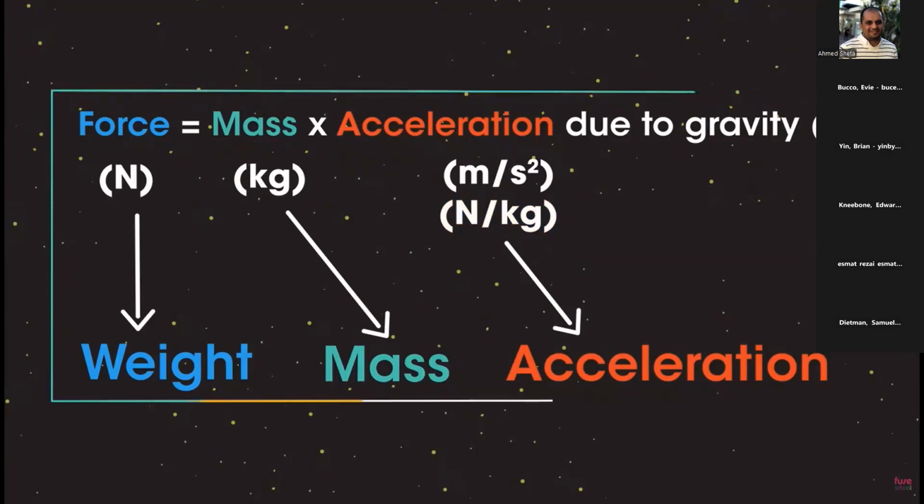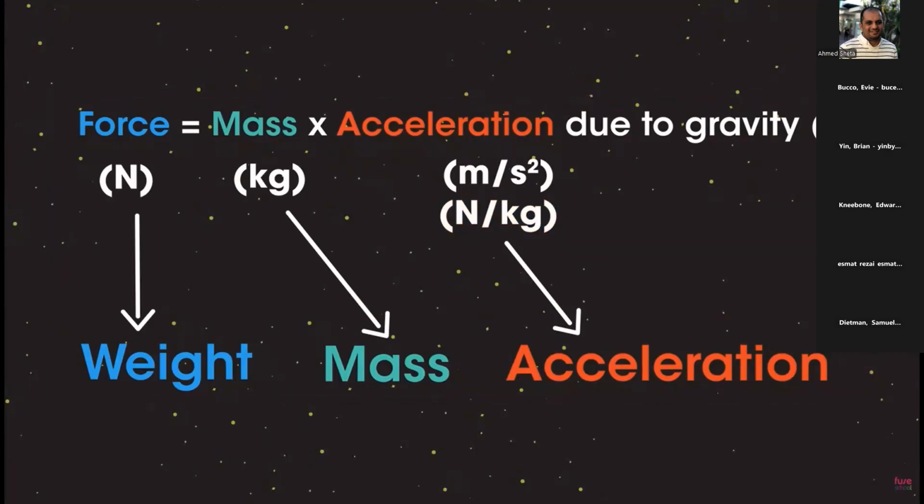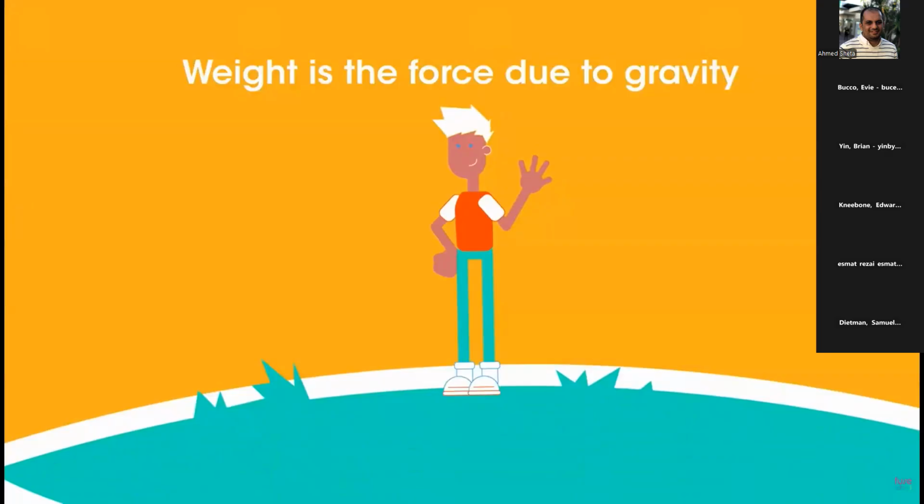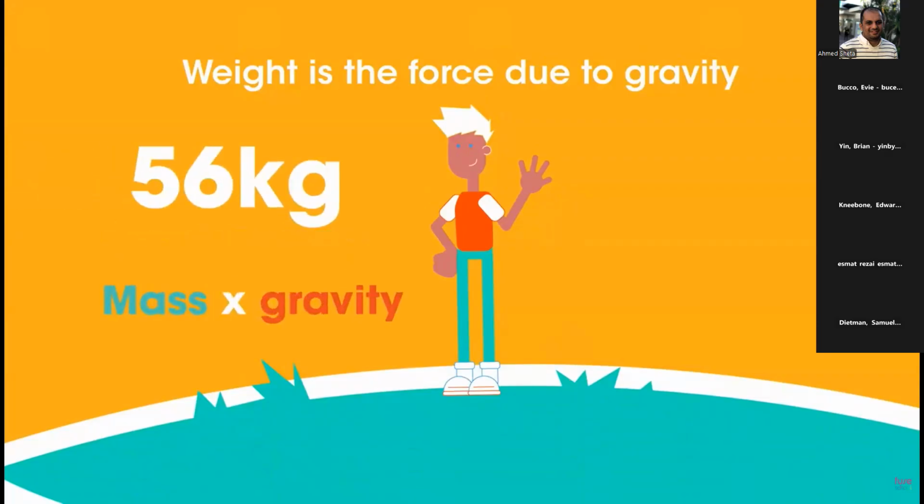So let's now use this lovely equation to find my weight. Weight is the force due to gravity, and that depends upon the masses of the two objects that are attracted. On Earth, my weight is mass times gravity, so roughly 56 kilograms times 10, which is 560 newtons.